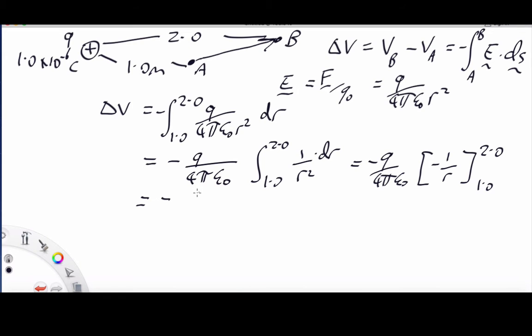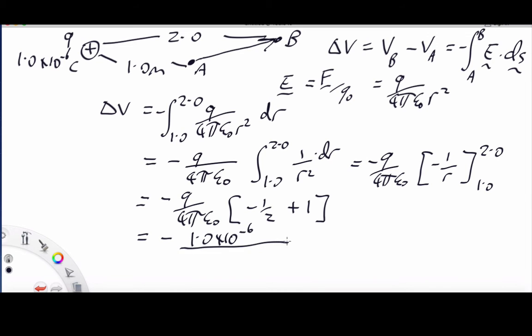So that will be minus Q over 4 pi epsilon naught, times the value at 2, which is minus a half, minus the value at 1, which is minus 1, so that makes it a plus 1. So let's put in all our values now. We have the minus still. We have 1 by 10 to the minus 6.